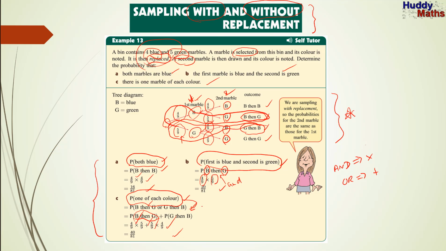But you could have sussed that out, a blue then green, or a green then blue. So as you get better at this and your reasoning improves, you'll need less and less of the diagrammatic approach. Some of the more complicated problems will always need a diagram to suss out, maybe a Venn diagram particularly, to suss out what's going on. All right, let's go on now.